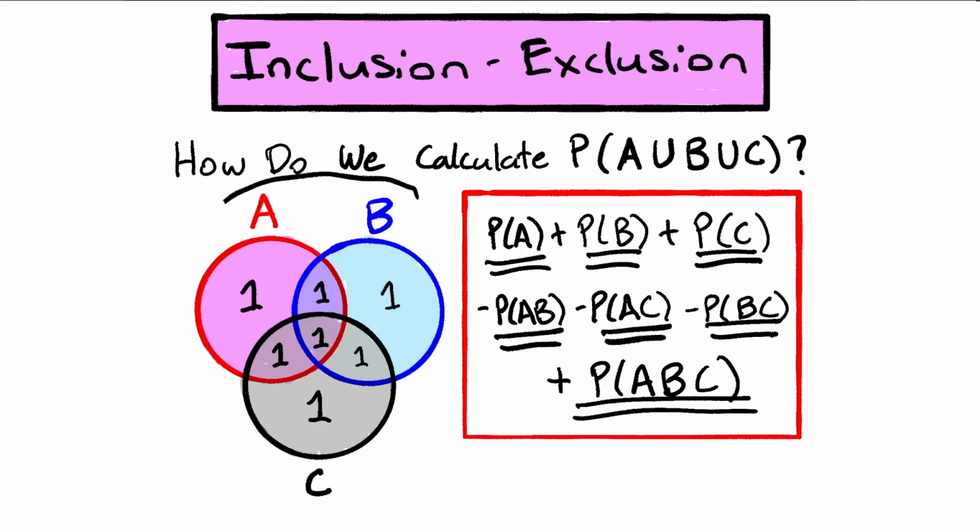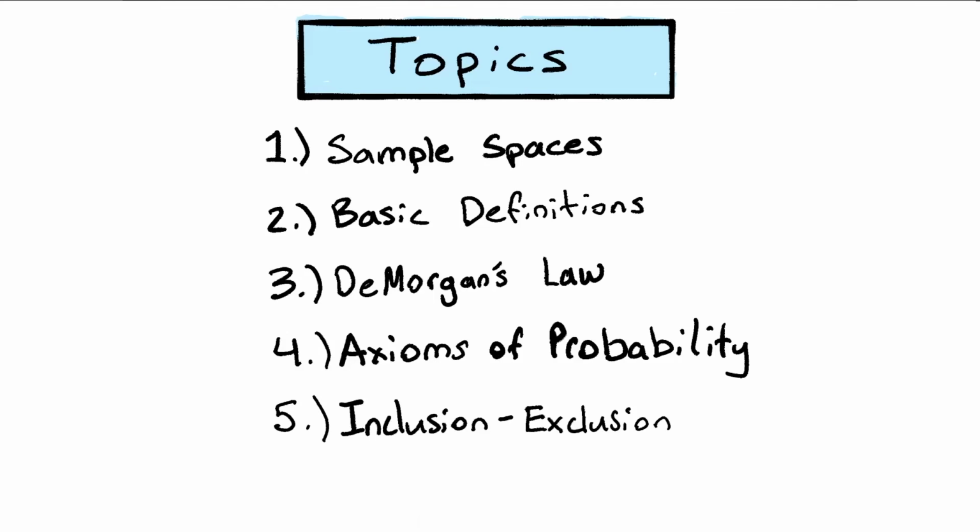And that correctly shades all the probability of the union exactly once. And with that, we've successfully covered all the important topics in basic probability. We've covered sample spaces, basic definitions, DeMorgan's law, the axioms of probability, and the principle of inclusion-exclusion.